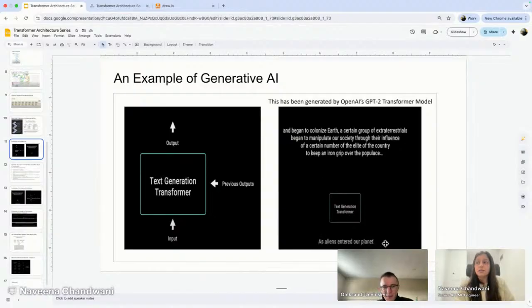So as aliens entered our planet, this will be our input. GPT-2 and those earlier models were used for completions. With this input, this is what was generated, word by word.